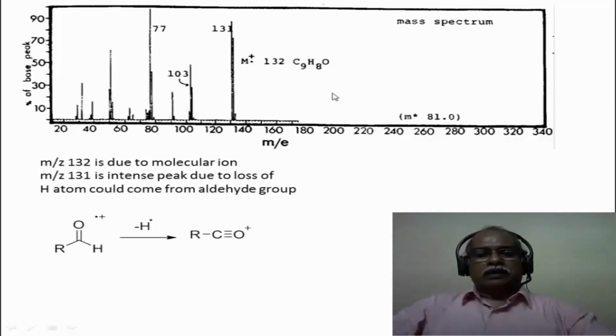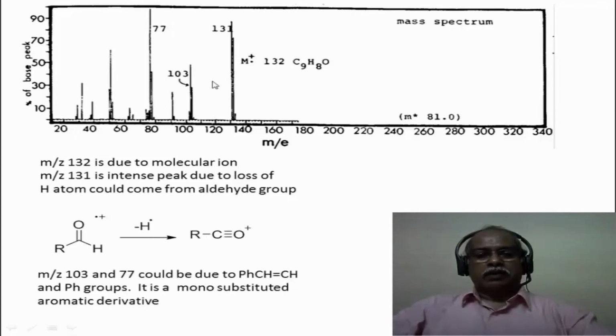And you can also see that molecular ion decomposes or fragments to give 103 and 77. 103 could be due to the phenyl CH double bond CH unit, and 77 is because of the phenyl unit. In other words, this is a monosubstituted aromatic derivative. We can straight away tell from the fact that the 103 is produced by the loss of carbon monoxide.